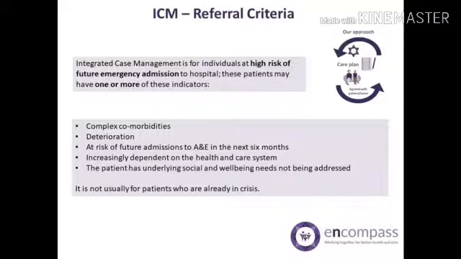And those people that were generally starting to use the services more, visiting the GP more, deteriorating, and patients with underlying social and well-being needs that weren't being addressed, because our GPs would tell us that quite a number of people contacting them, a pill didn't fix their solution.